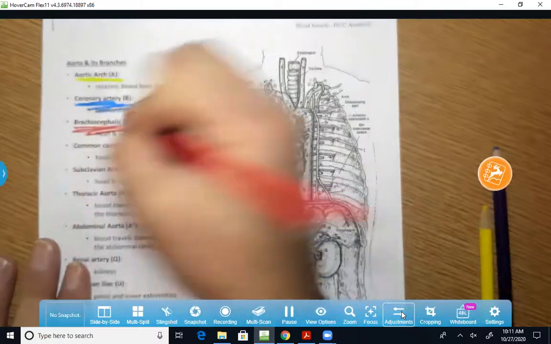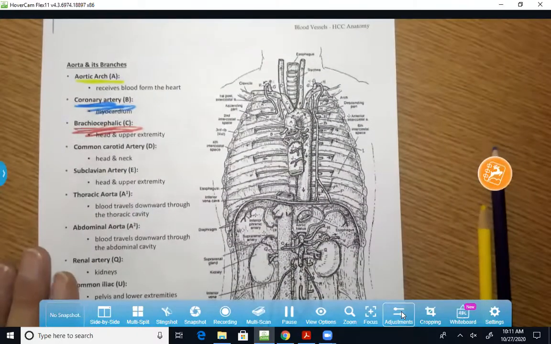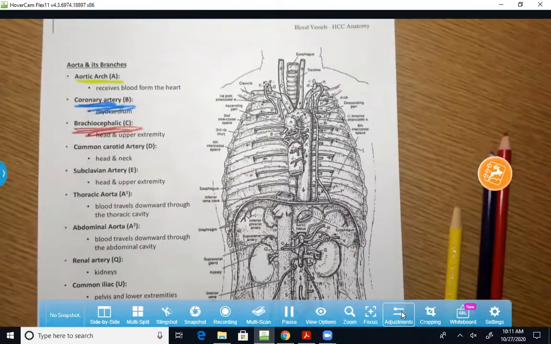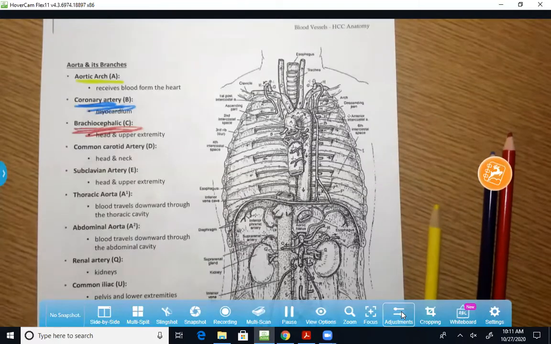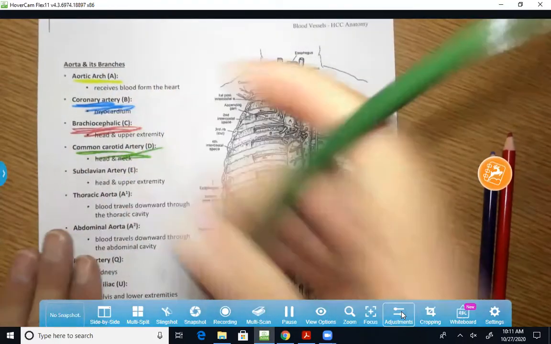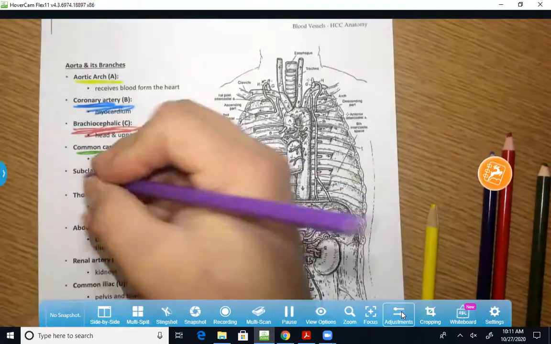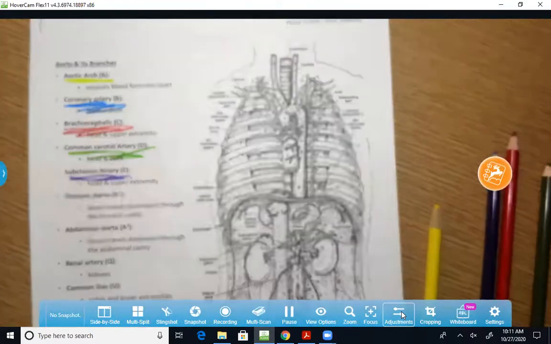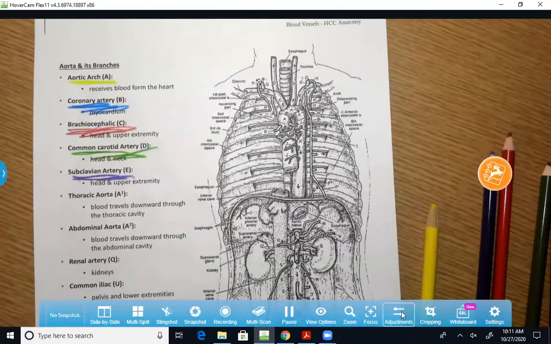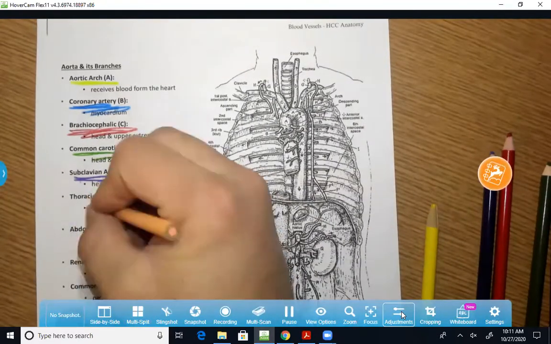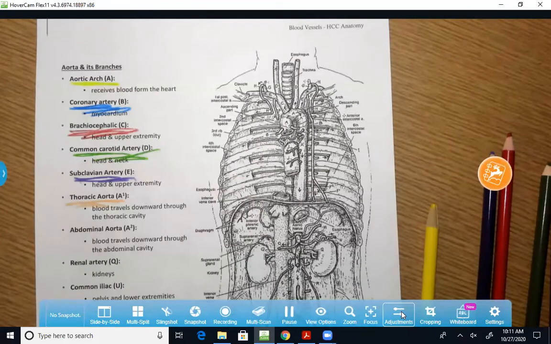Brachiocephalic. Looks like that's kind of a reddish orange color. Dark green for the common carotids. Purple here for the subclavian. About peach for the thoracic aorta.